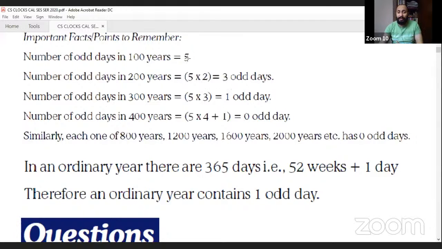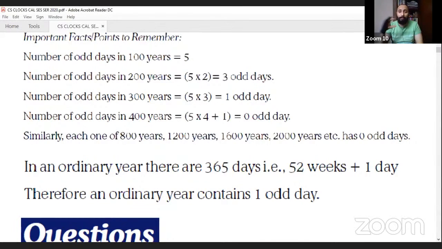Here the remainder was 5, here the remainder was 3, here the remainder was 1, and here one extra day will be added. So the remainder is 0. This is what we did. So 400 years, 800, 1200, 1600, none of these will have any odd days over a week.